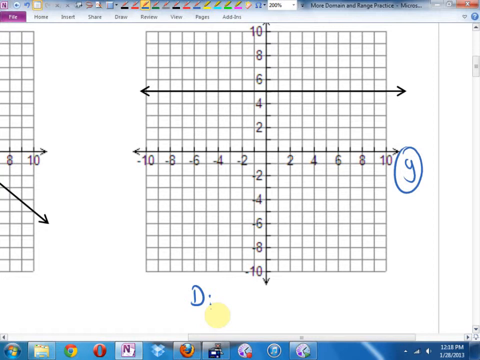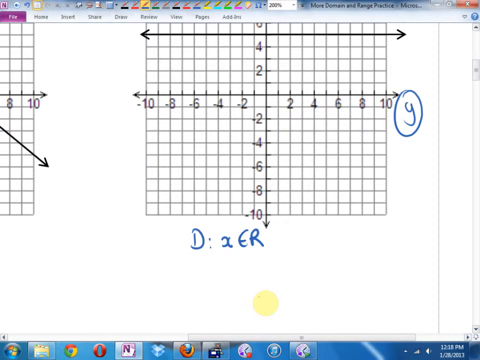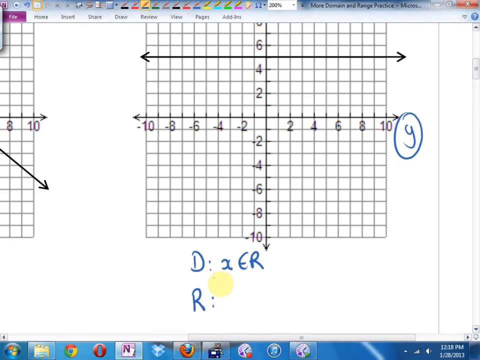How are we going to say that? All real numbers. Range. Only one height appears on this graph. So here we would actually list it. We would say with the funky brackets, just 5. That's the only height that appears.